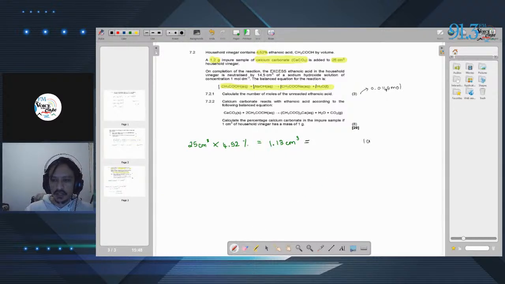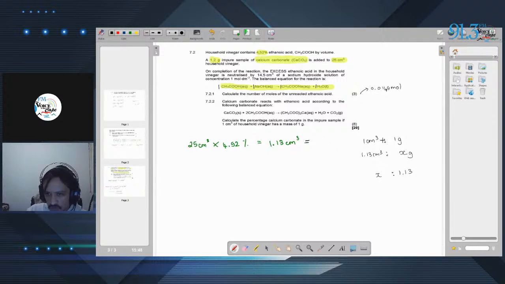It's 1 centimeter cubed is to 1 gram. 1.13 centimeter cubed is to x grams. So we're going to get basically x is to 1.13.